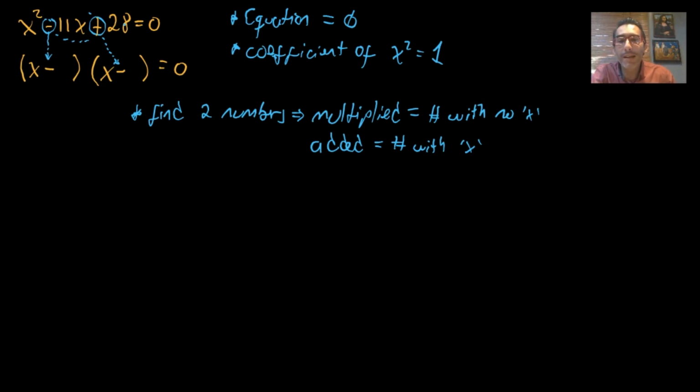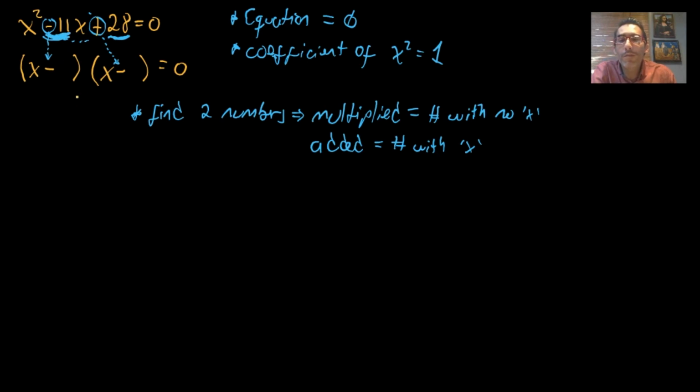So in this specific case, we find two numbers that when multiplied give the number with no x, this 28. And when I add them, the addition must be equal to the number with the x. In this case, don't forget about the signs, it's negative 11.